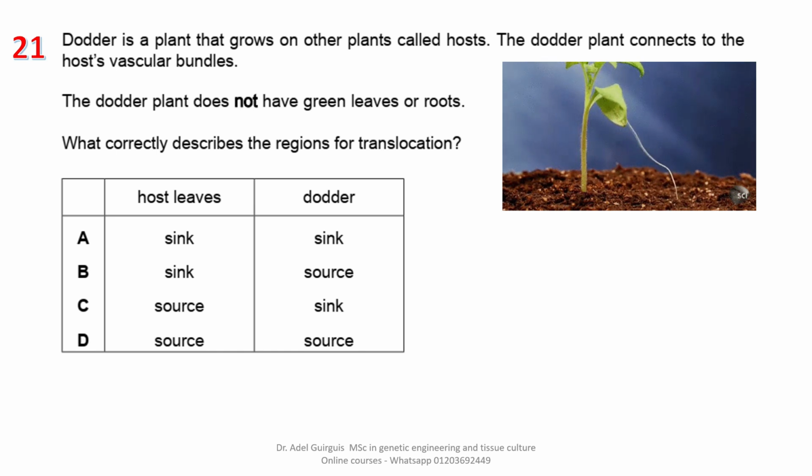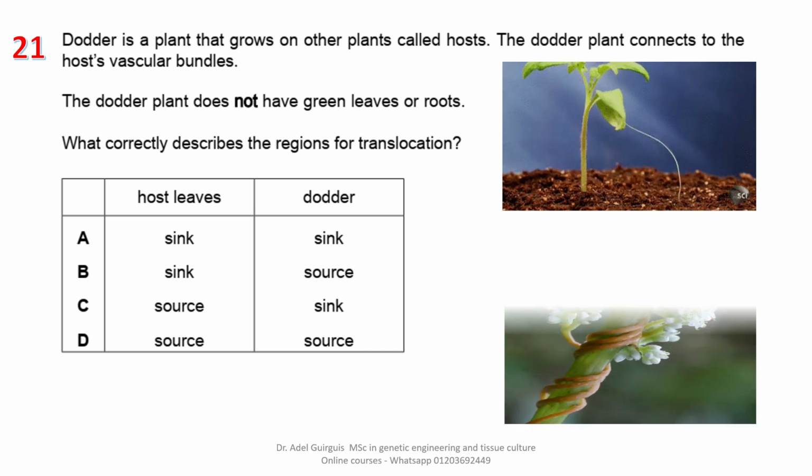It tries to hold the main host and rotate around its stem, supported by this plant for obtaining foodstuffs. As the dodder plant does not have green leaves or roots, it acts as a parasitic plant. It can obtain its foodstuffs from another organism.